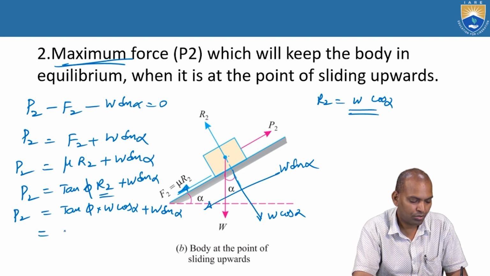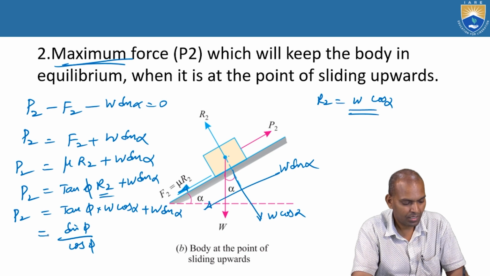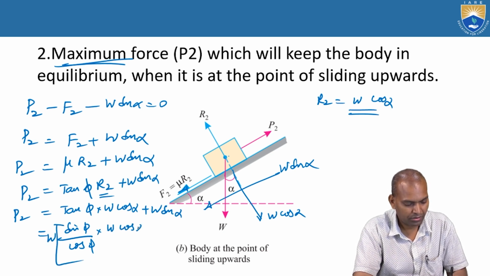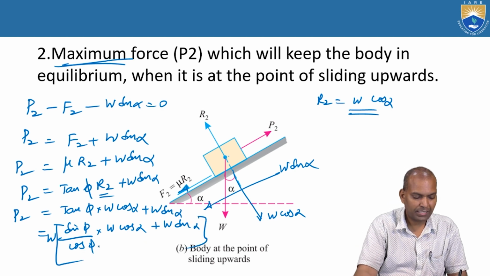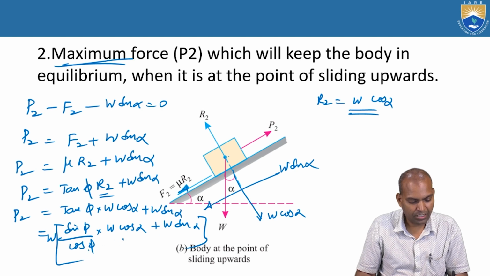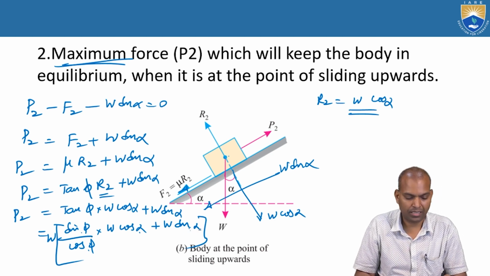Now tan phi equal to sin phi by cos phi. Make W common, then W times sin phi by cos phi times cos alpha, plus sin alpha. Taking LCM, cos phi: sin phi cos alpha plus cos phi sin alpha.